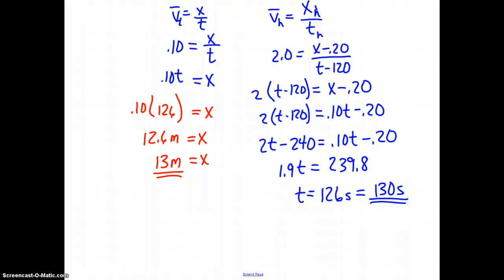Okay, to wrap it up, let's go to number 11. Find the instantaneous velocities of the tennis player in the distance time graph above, and I just pasted in the same distance time graph here. And here we're not doing time intervals, we're actually doing at a particular instance of time.